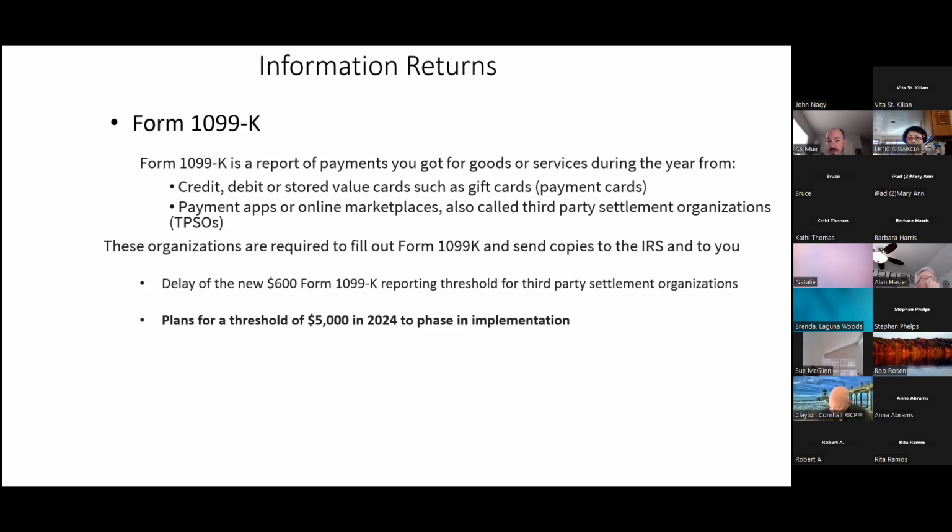You may see a 1099-K issued if someone has received $600 or more in payments. But that particular rule for $600 or more is going to be pushed off for another year. Typically, when you're talking about changes, usually the IRS will implement them, and sometimes it takes a couple years to work out the kinks.